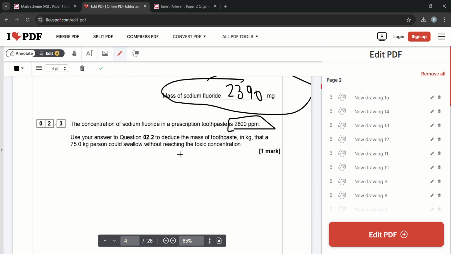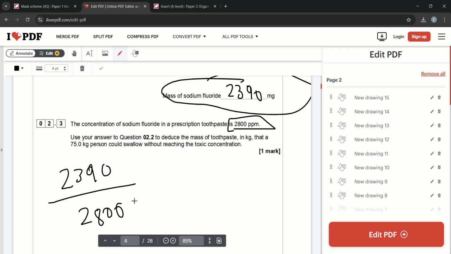So to deduce the mass of toothpaste, all we have to do is 2390 divided by 2800, and that will give us the mass of toothpaste in kilograms.